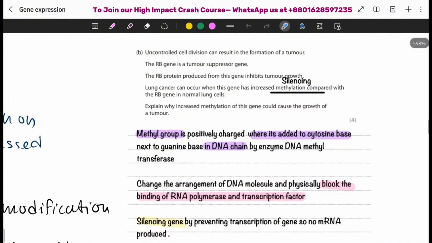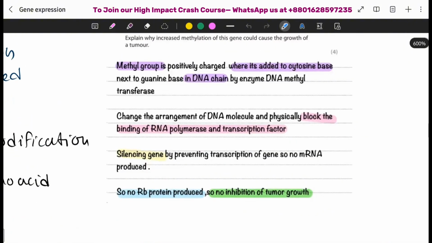So there will be a change in the arrangement of the DNA molecule, and that physically blocks the binding of RNA polymerase and the transcription factor. The gene is silenced because transcription is prevented, so no mRNA will be produced and no RB protein is produced. That's why there will be no inhibition of tumor growth.